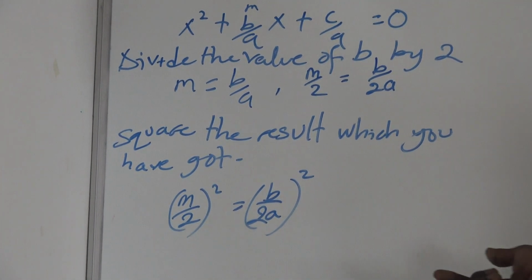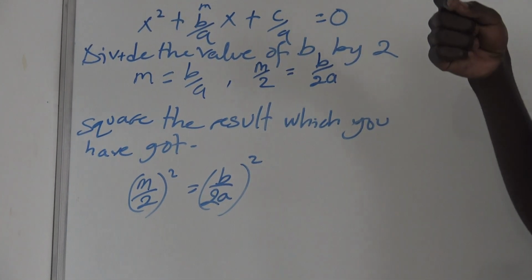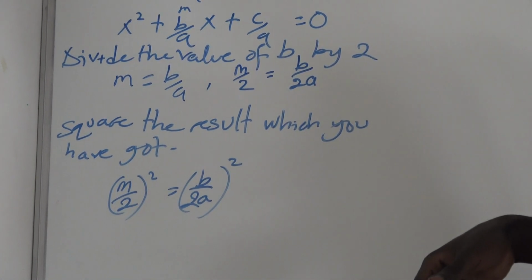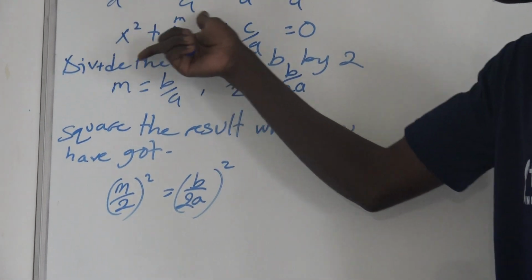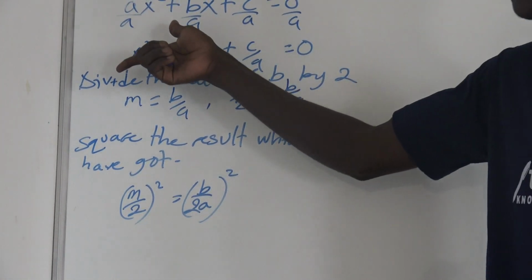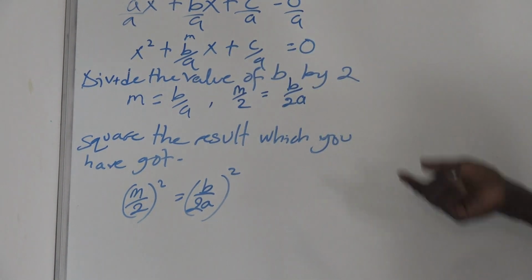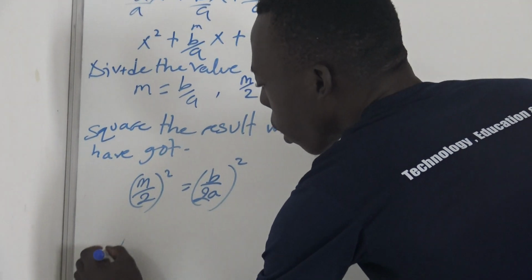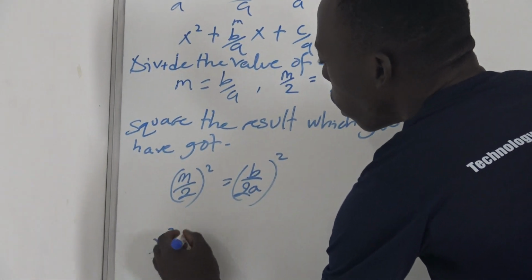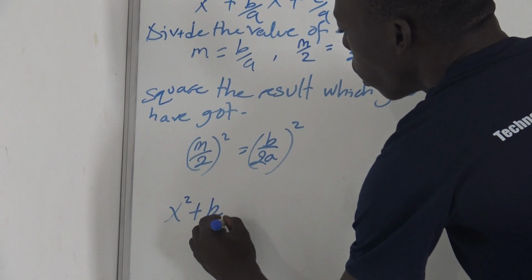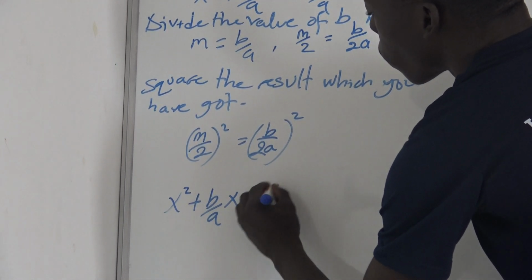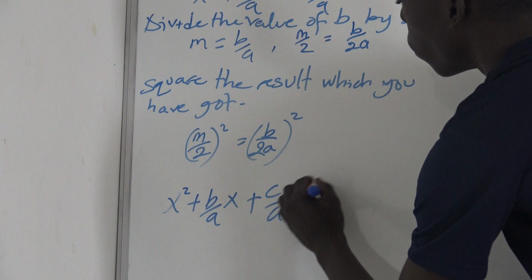So after squaring, you go back to the initial equation which we had, which was in the form of x squared plus b out of a x plus c out of a equals 0.